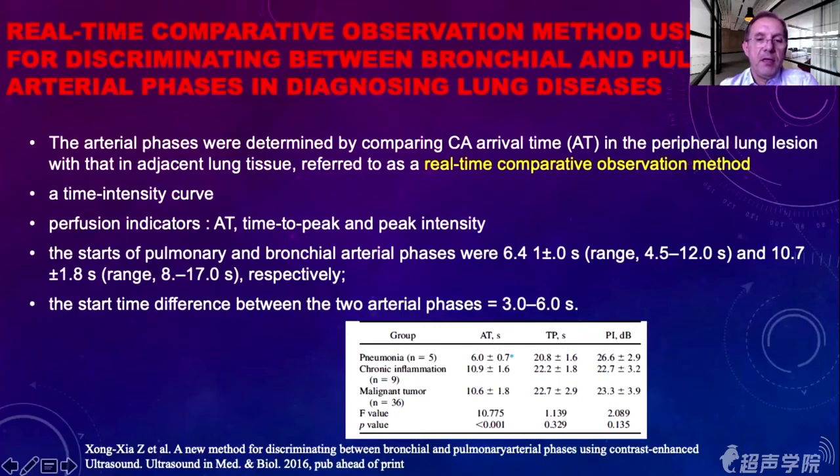But it's very difficult to differentiate between pneumonia and chronic inflammation, and also using the total enhancement time and the impedance, you see here the differences between them are not statistically significant.